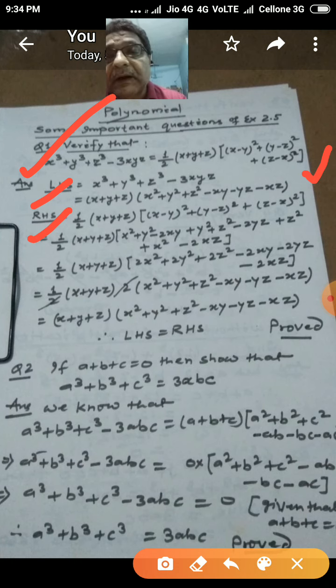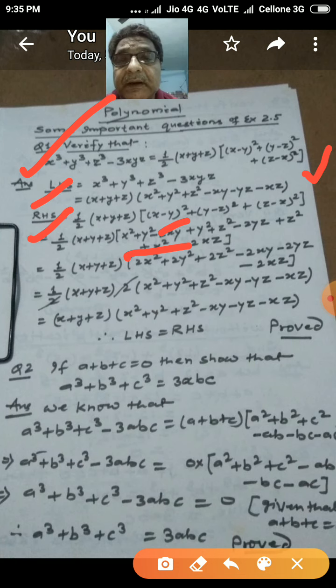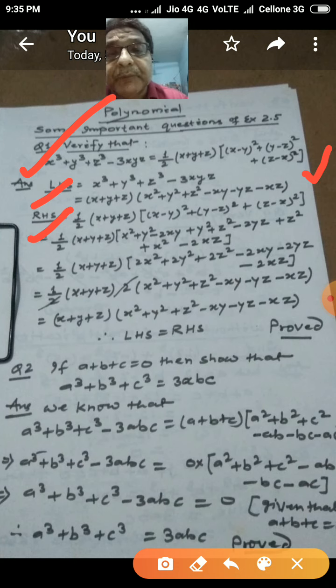Now taking RHS, what we do: half into x plus y plus z into, under bracket, it is given that (x minus y) whole square. So we will break it using the a minus b whole square identity. It will come x square plus y square minus 2xy, plus again there is (y minus z) whole square.